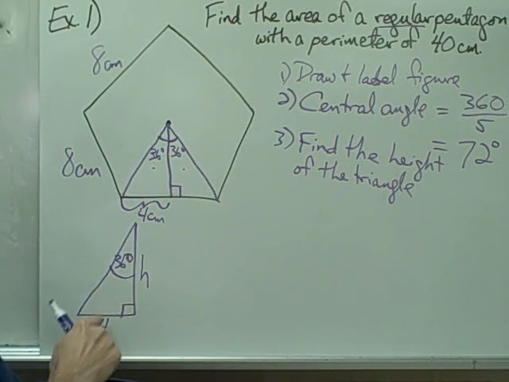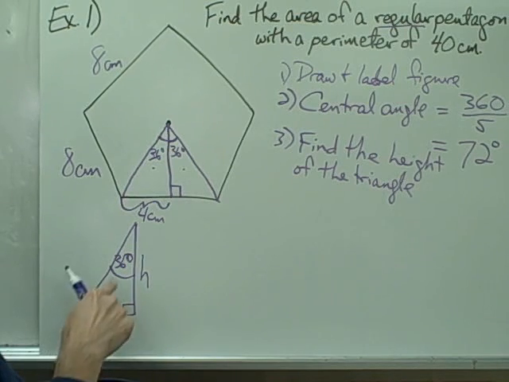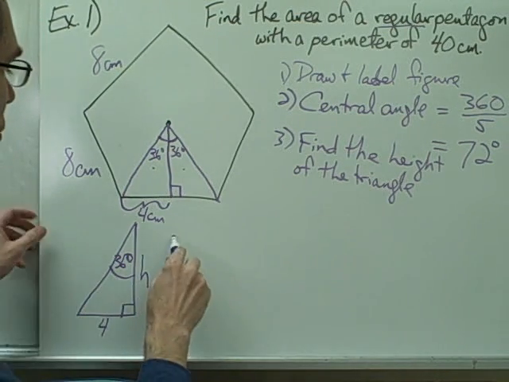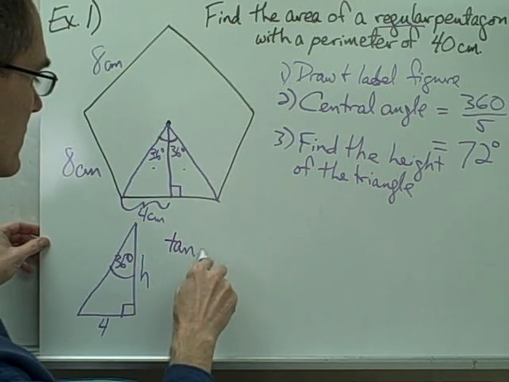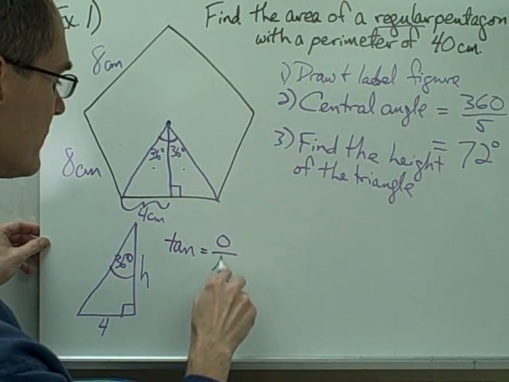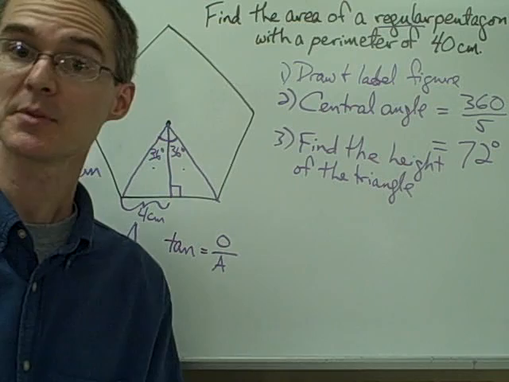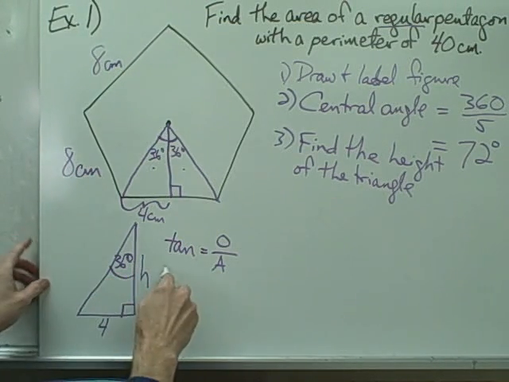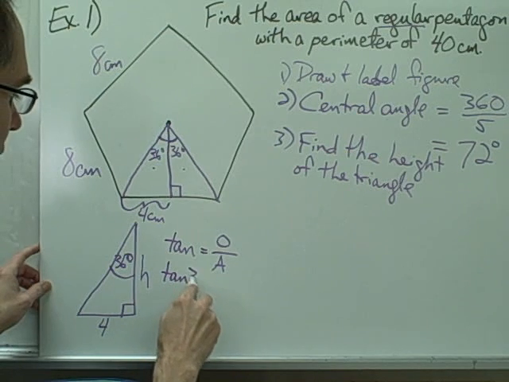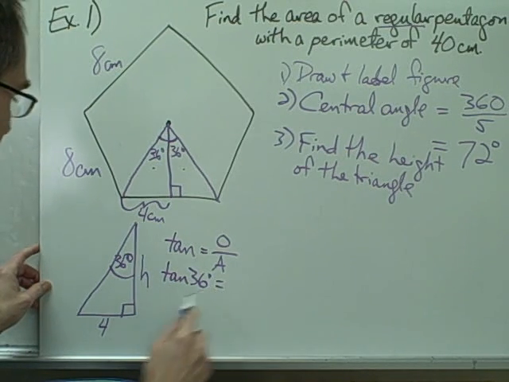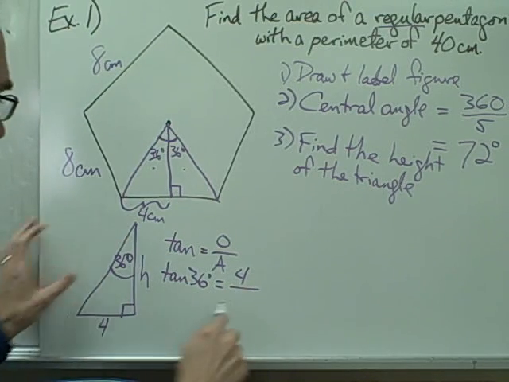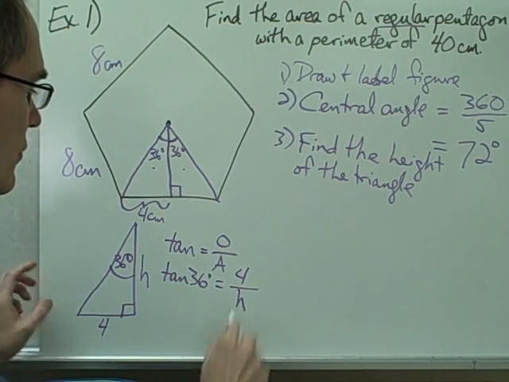For this angle, I'm given the opposite side, and I'm looking for its adjacent side. That is the definition of tangent, opposite over adjacent. So if I fill in the information, tangent of 36 degrees equals opposite is 4, adjacent is h, which is what I'm looking for.